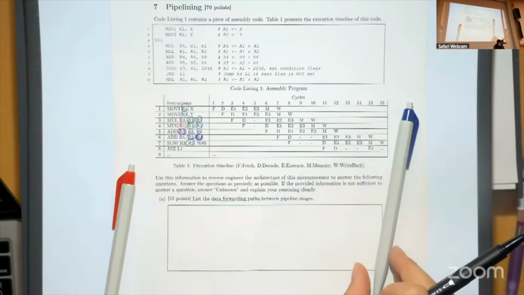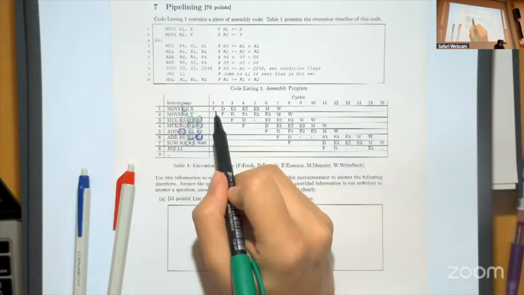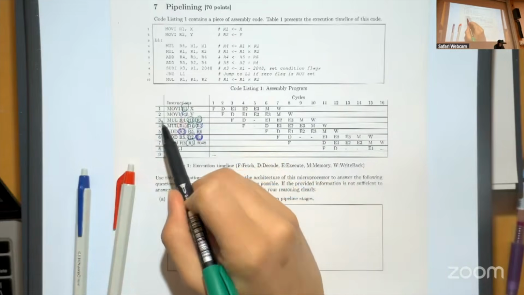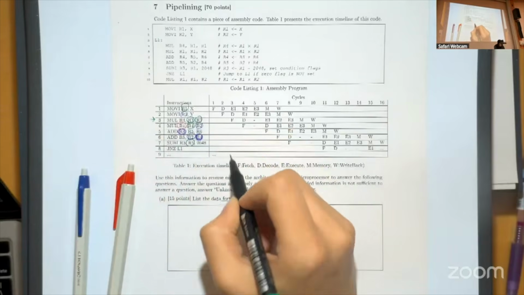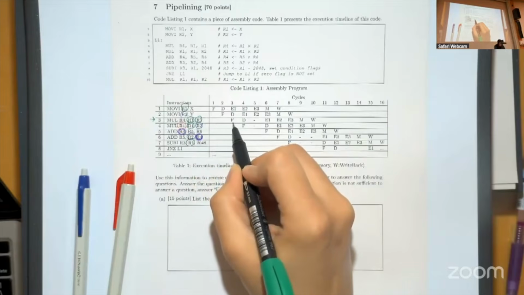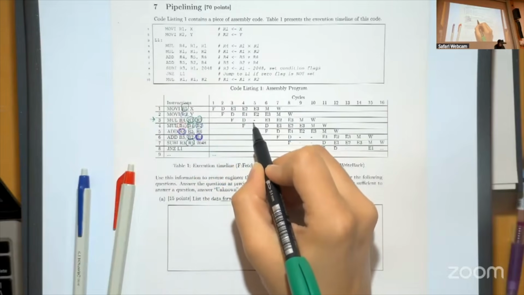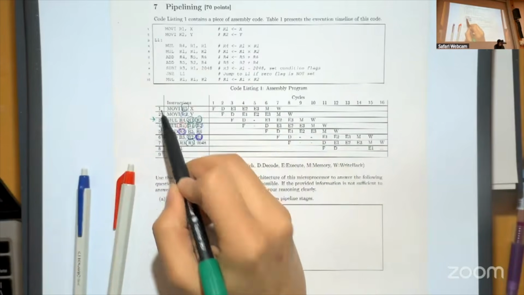Based on these, now we will check the pipeline stages and see whether these are read before the write back stage. Let's start with the first one. The first dependency that we will talk about is here, which is reading R1's value. This instruction was fetched in cycle 3 and then decoded in cycle 4. Then we wait for the result of the first instruction to be ready.